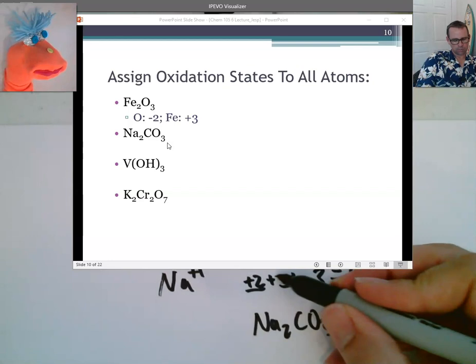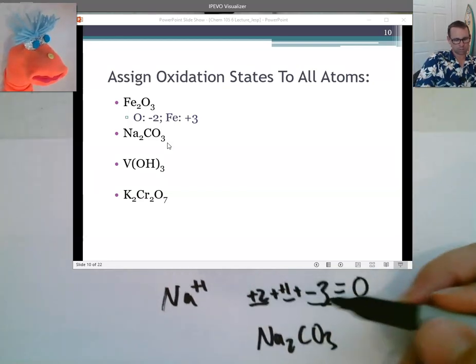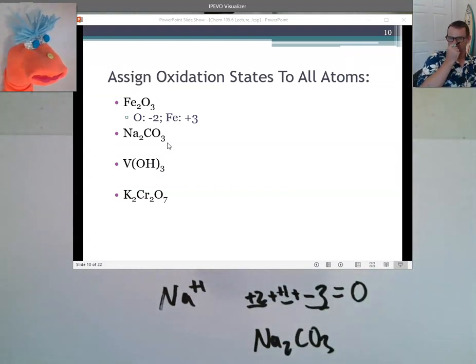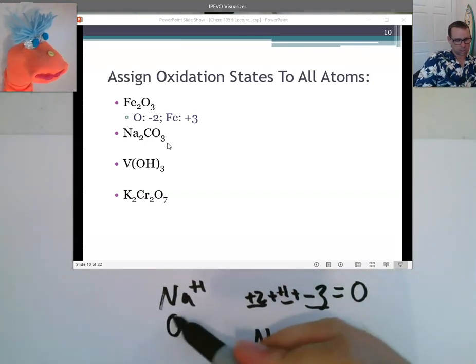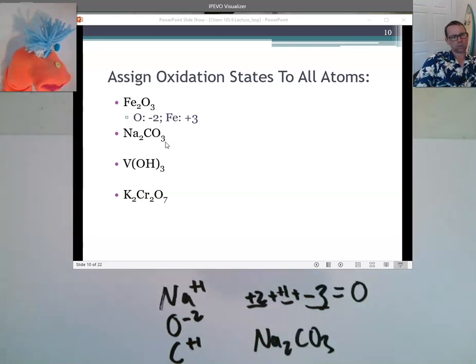So the carbon must be what? +1. So we have a +3 and a -3, that equals 0. So the answer is sodium has a +1, oxygen has a -2, and the carbon has a +1 also. Oops, did we do that wrong?